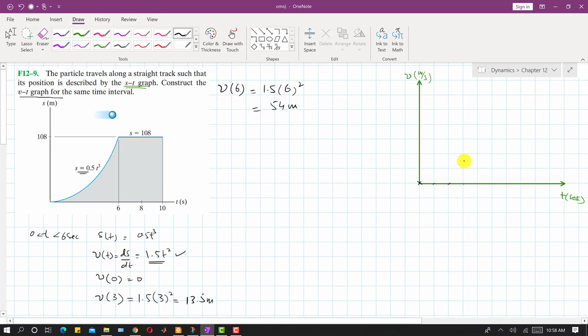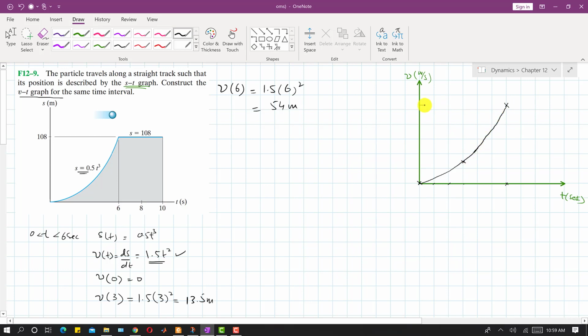At t equals 6 seconds, the velocity is 54, so with 10, 20, 30, 40, 50, it is somewhere here. Since it's a second degree curve, we have to draw a freehand curved sketch between these points. This will not be a straight line, so we can join it like this.